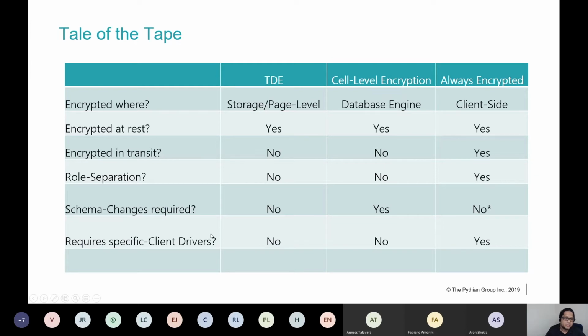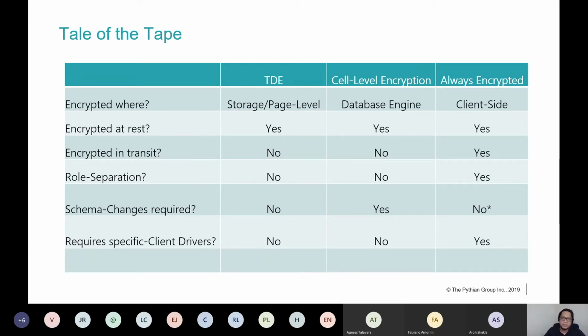Does it require any specific client drivers? For TDE, it's not. There's no specific requirement. From the name itself, it's transparent to your user. So there's no changes on the application side. For cell level encryption, there's no specific driver for it because the decryption and encryption happen on your database engine.